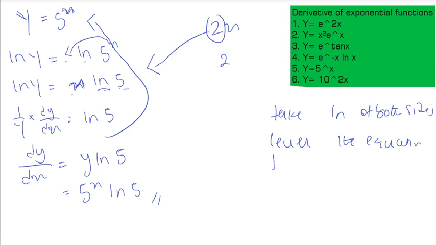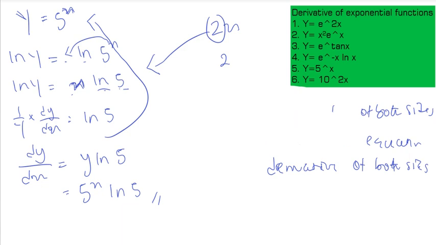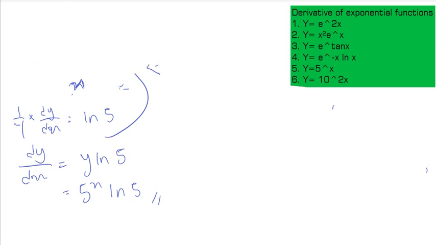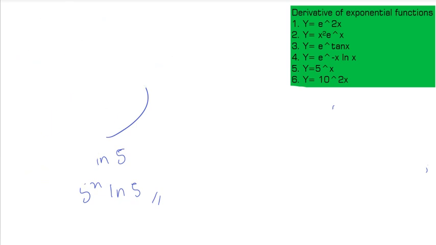And once you do that, then you take the derivative of both sides, and then you solve, and the rest is history. Very, very simple. Then we go to question 10, which is the last one. You can pause the video to try out question 10. Then you can come back and check if your answer is correct.